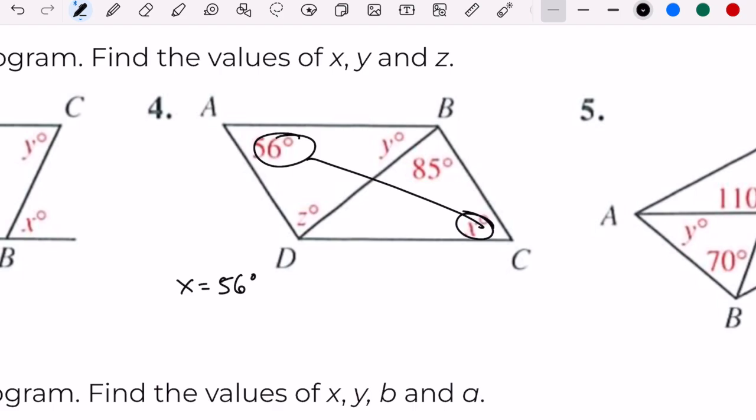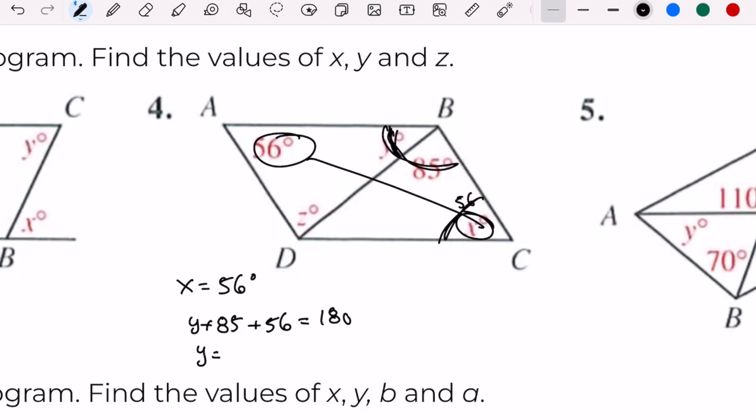Then we know that if this is 56, whatever Y measures, we know that Y plus 85 plus 56 is 180, because we know that this plus this is 180, because consecutive angles in a parallelogram are supplementary.